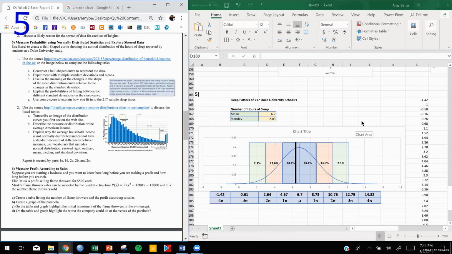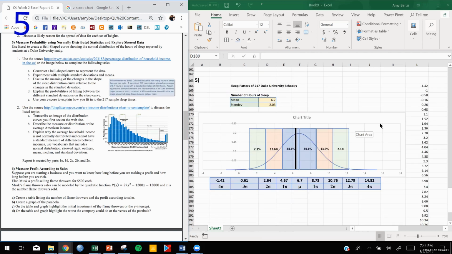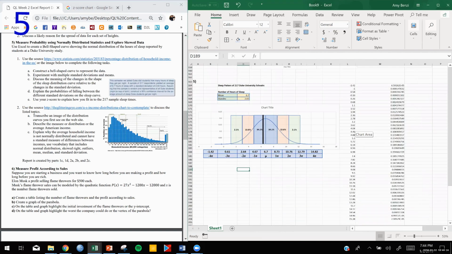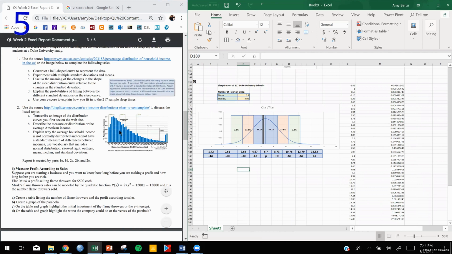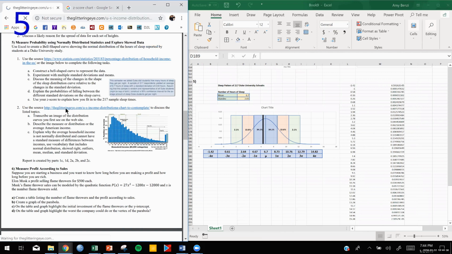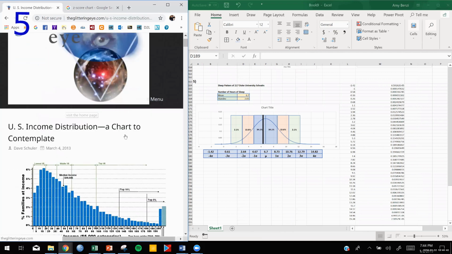Now, the last thing we're going to talk about here is what happens when the distribution is not normal. Well, we know that if our mean and our median are about the same, then we will end up with a normal distribution. Sometimes, we're going to go to this link here, and it says to transcribe the first graph you see.